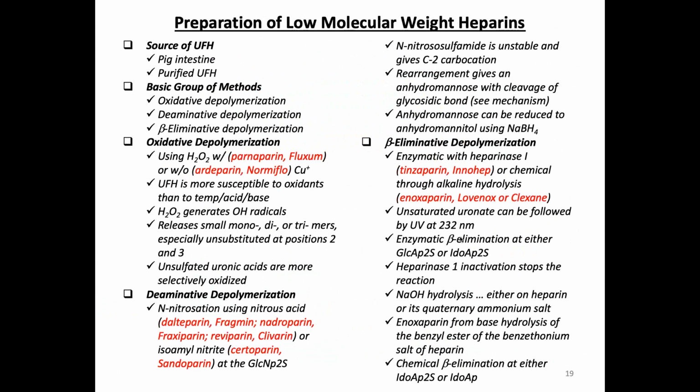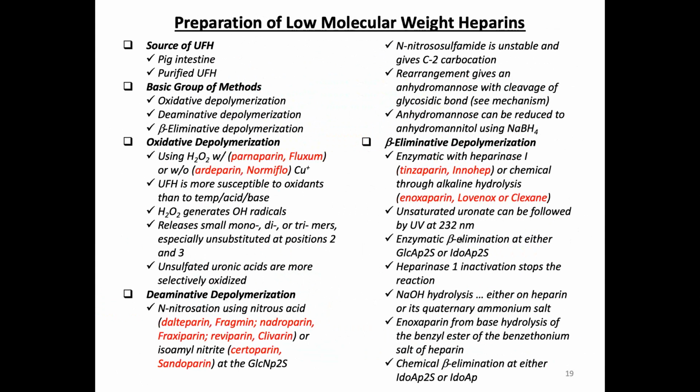Basically, what is happening is the peroxide or the cuprous ion generates radicals. And these radicals induce cleavage in the molecule.